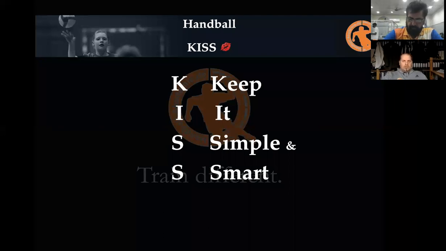Don't make it too complex. Don't give too many explanations with exceptions from rules or something like this. Always try to come back to small, simple, and smart rules that we can always use in training, that we can always use in competition. So this is the basic idea.